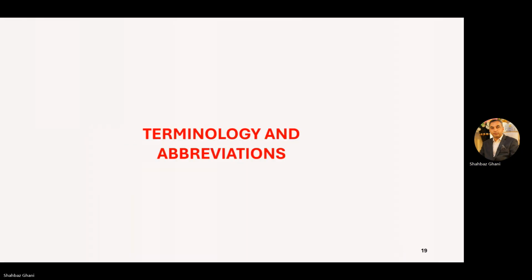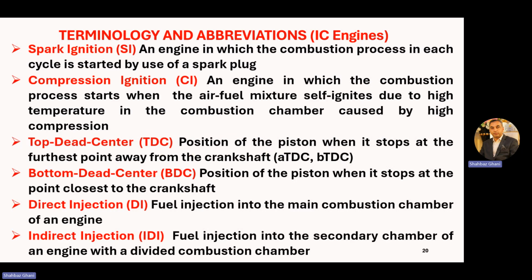Now, terminologies and abbreviations used in internal combustion engines. First is the spark ignition, SI, an engine in which the combustion process in each cycle is started by use of a spark plug.